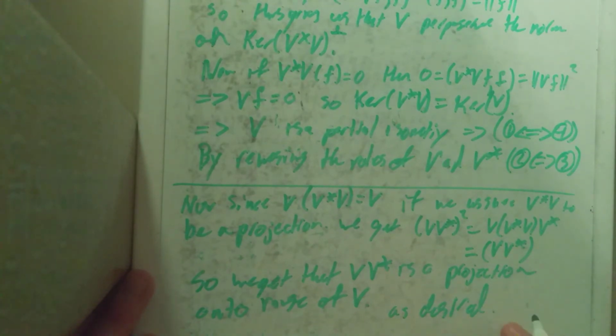And this last bit gives us the equivalence of everything. And this gives us everything because it gives us that 4 implies 3, linking the two pairs of equivalences, and then again by reversing the positions of V and V star, we can get the reverse statement to be shown.